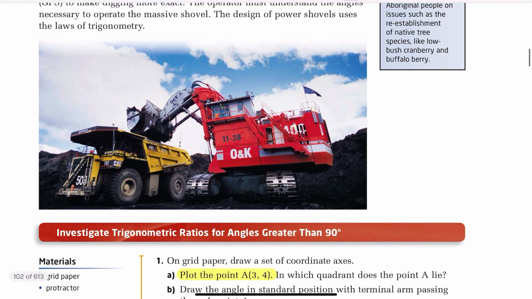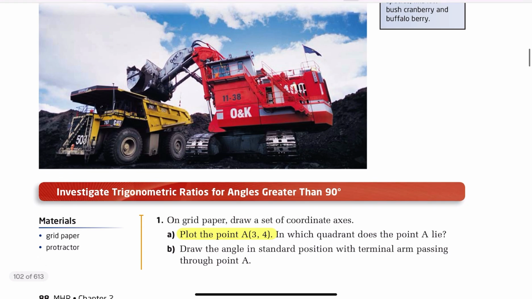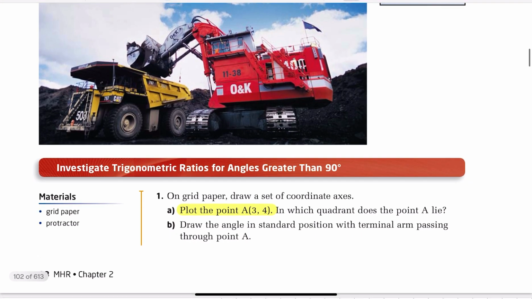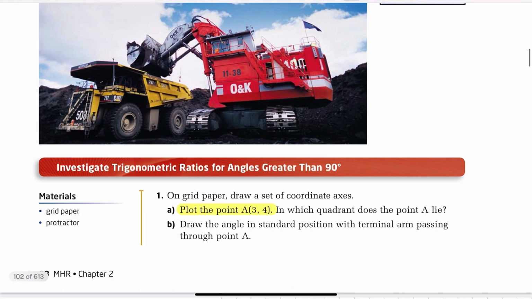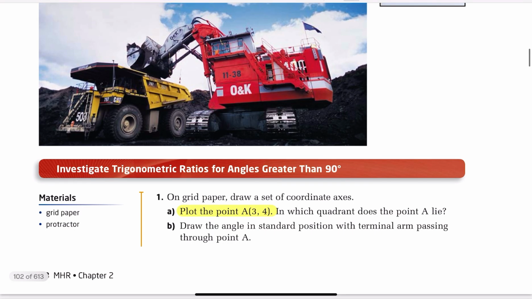So let's start by reviewing the basics. Trigonometric ratio, including sine, cosine, and tan, are mathematical functions that relate the angles of a right triangle to the length of its sides.